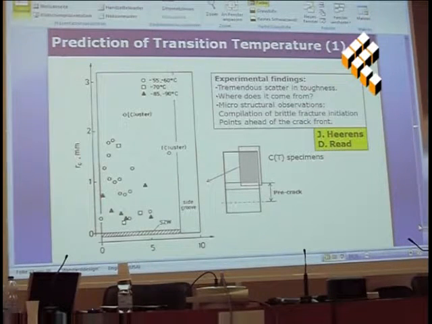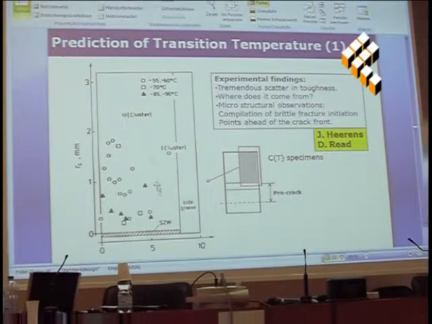Now, the brittle fracture models that I explained to you yesterday, what Jörg Behrens did together with David Read at NIST in Boulder. This represents one half of the fracture surface. You see here, this is the fracture surface, and this is shown over here.